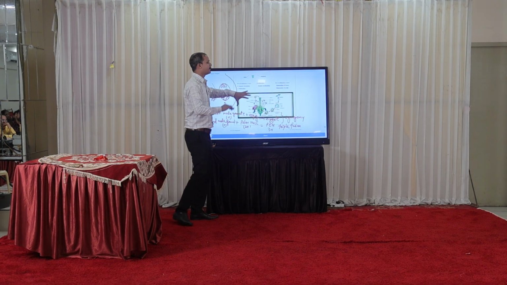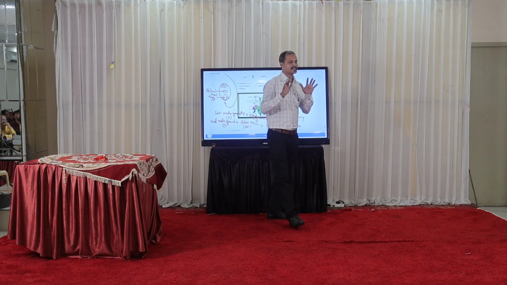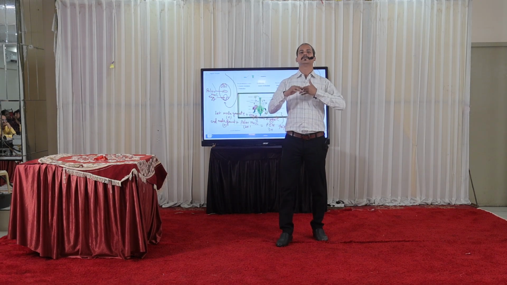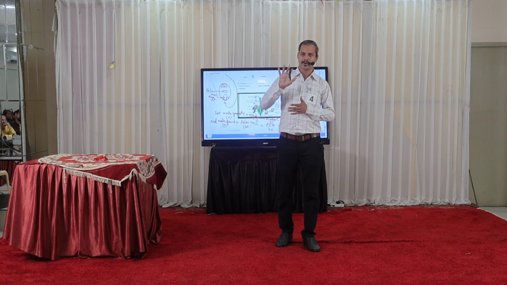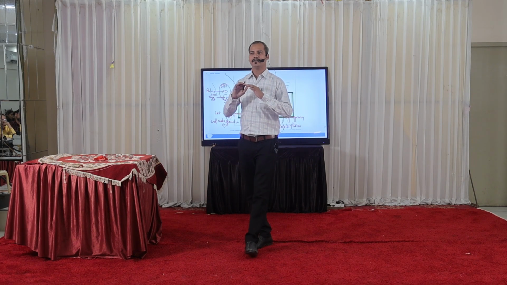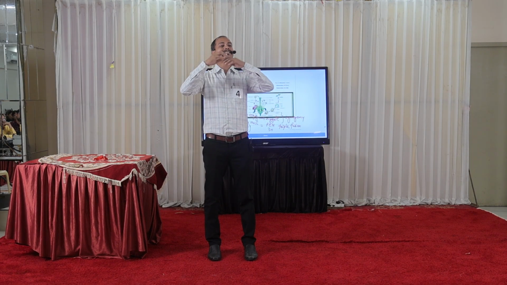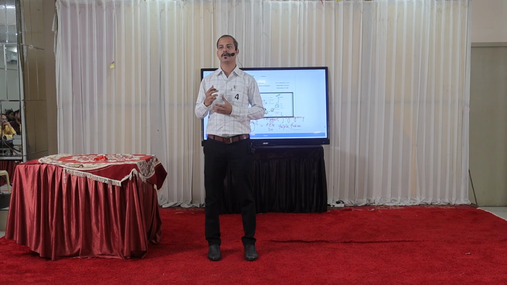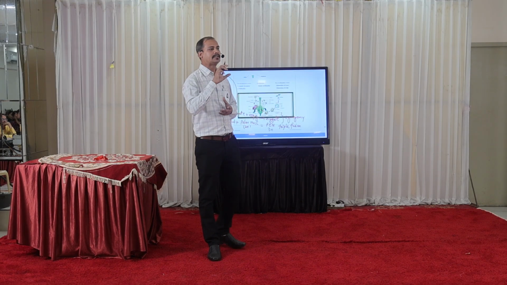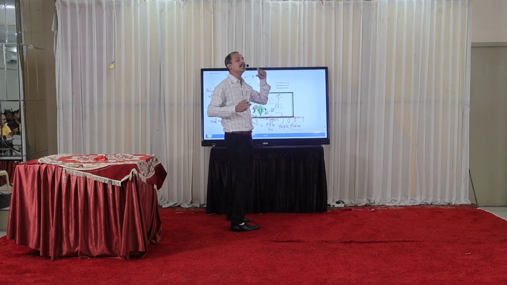Now what happens after fertilization? Once fertilization is done, the zygote will start multiplying. It will form the embryo, right? And the ovule develops a seed coat, a tough layer. Now the seed is nothing but the baby plant.